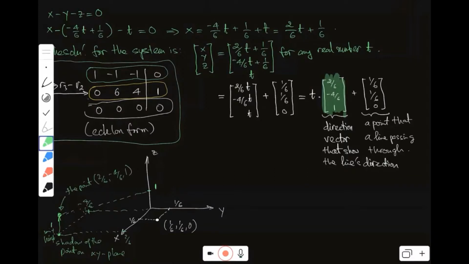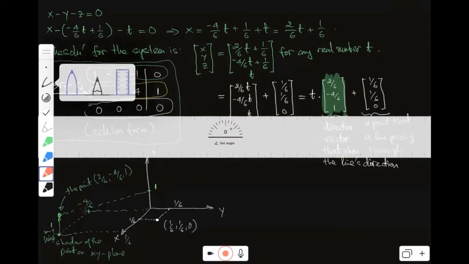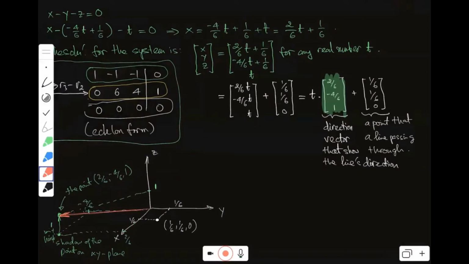Now you have the point, then what is the vector? The vector that we have is in fact the following one. So this is the vector 2/6, -4/6, 1.